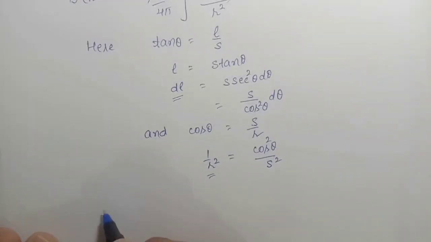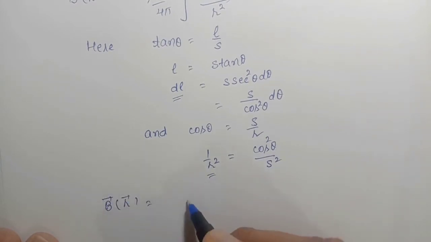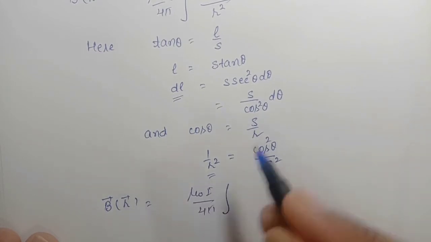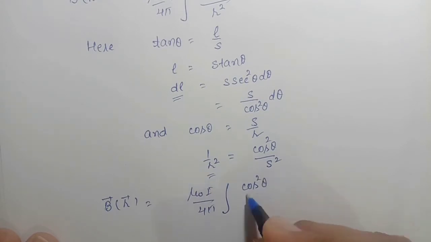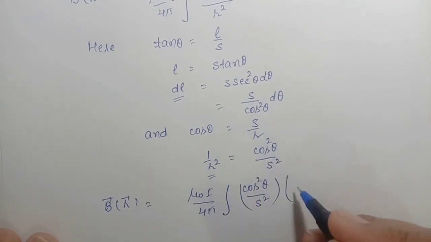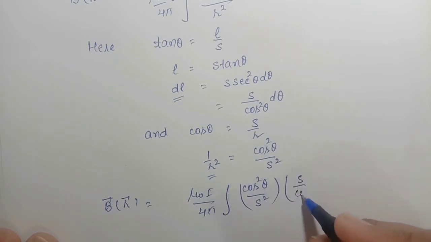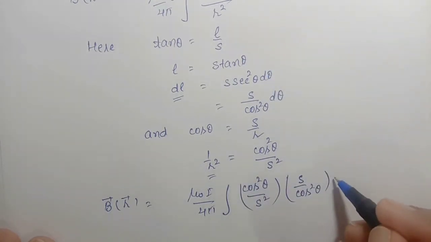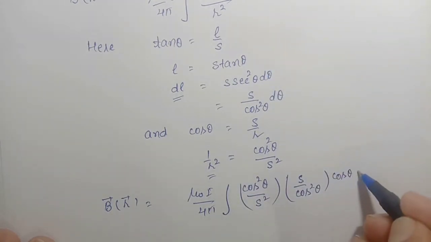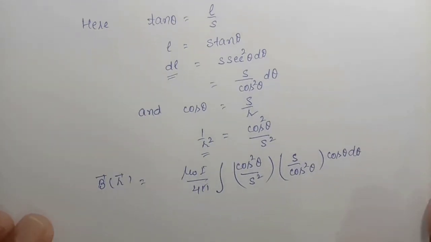Then we can write dB equals mu naught I over 4 pi, 1 over r square is equal to cos square theta over S square, and here dl is equal to S over cos square theta, and then we have a cos theta as per the equation, and finally we have d theta here.